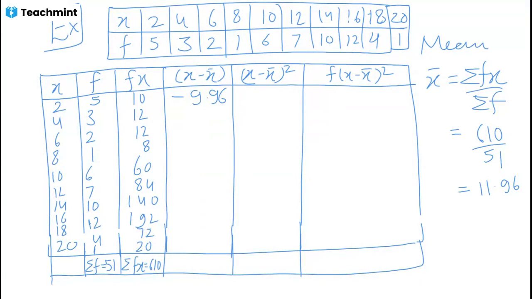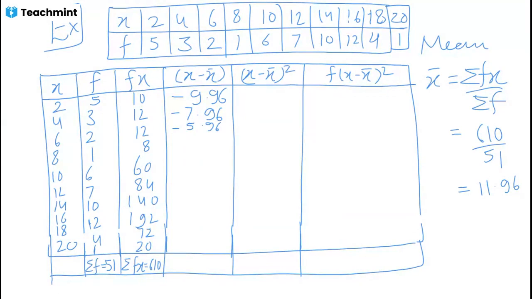Okay. And now let us subtract from 4 minus 11.96. So we have minus 7.96, and again from 6 we are subtracting, so we have minus 5.96.